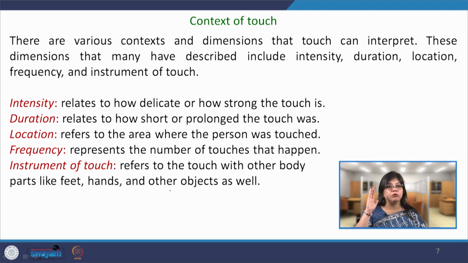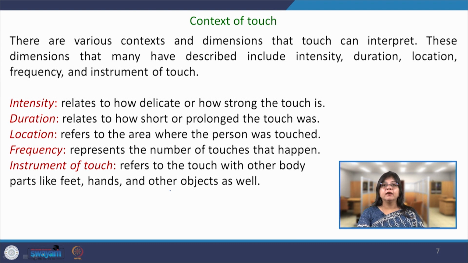The touch is that you touch and go away, or it can be that you pat the back and you keep your hand on the shoulder of the colleague for a longer period of time. That is intensity. And duration. It is soft or hard, or it is for how much time the hand was placed on the shoulder of the colleague.